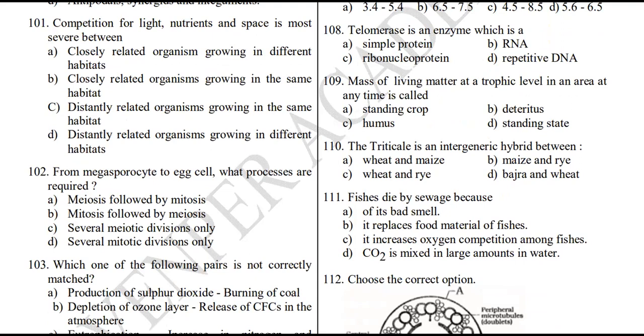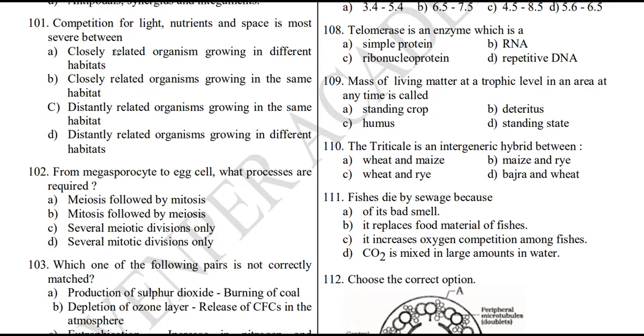Specifically, if they are living in the same area, they want the same kind of food, the same kind of habitat, the same kind of light. Then only does the competition arise. So closely related organisms living in the same habitat is going to be the answer. So the answer is going to be option B.